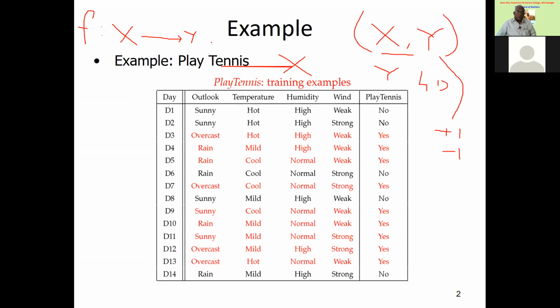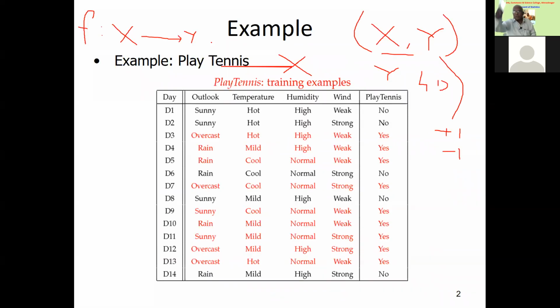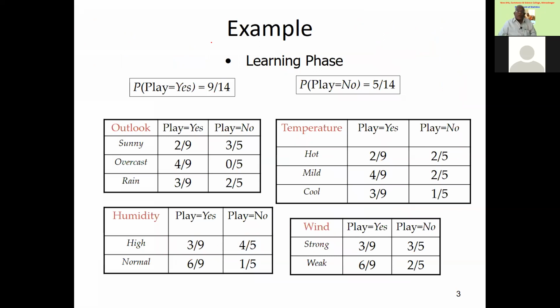Now let us see how to convert this historical information in terms of so-called prior probability or conditional probability. See here, there are 14 days, and count how many times tennis is played. I think tennis is played 9 times. So the probability that play is yes is 9 by 14.